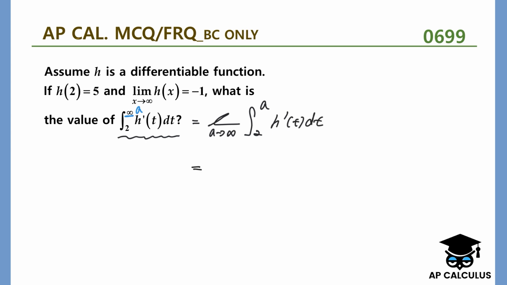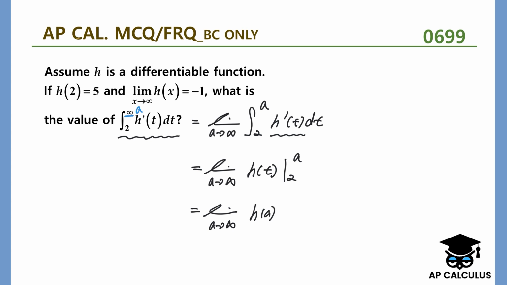So that is equal to the limit as a approaches infinity. The antiderivative of h prime is equal to h, right? So we have h of t from 2 to a. So that is equal to the limit as a approaches infinity of substitute a minus substitute 2, right?